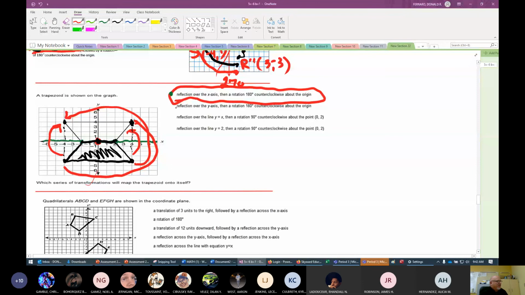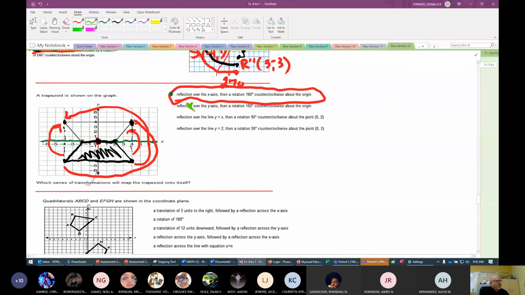So if we reflected over the y-axis, okay, what would happen is this point would go to there, this point would go to there. So it's reflecting right on itself, and then we're rotating 180 degrees. So then this figure that I highlight in green would reflect back to here. No, that doesn't work. All right, so I can eliminate that.